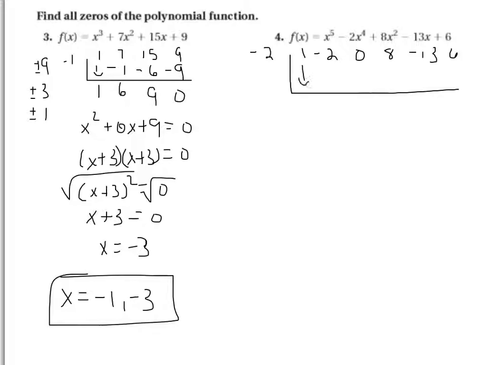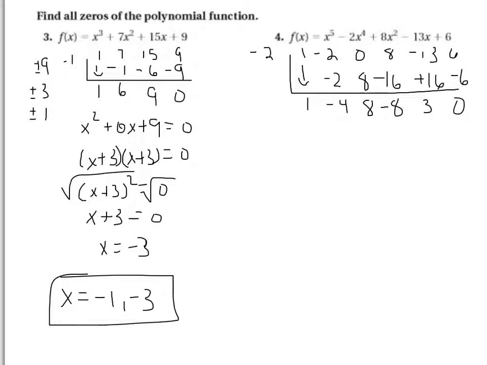Bring down the 1, -2, -4, 8, 8, -16, no, that would be -8, +16, 3, -6, 0.